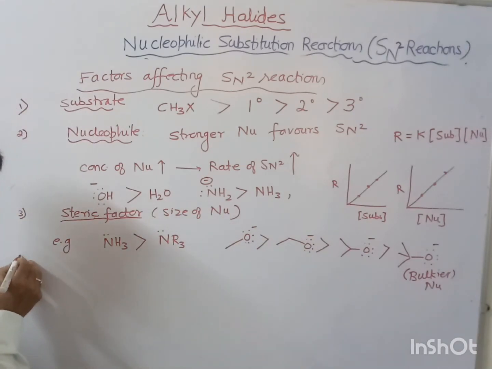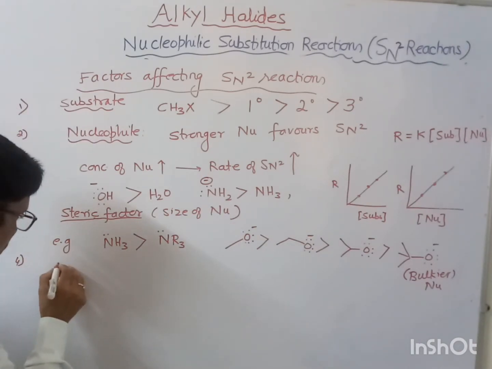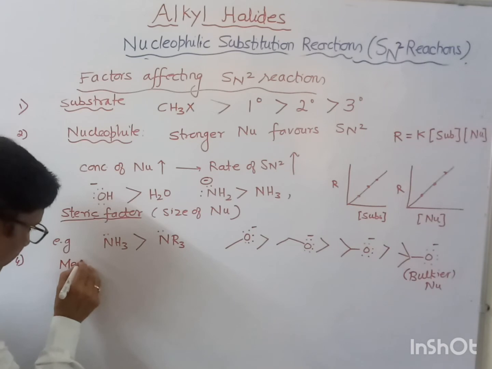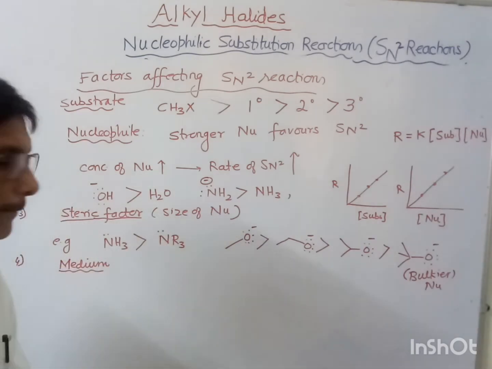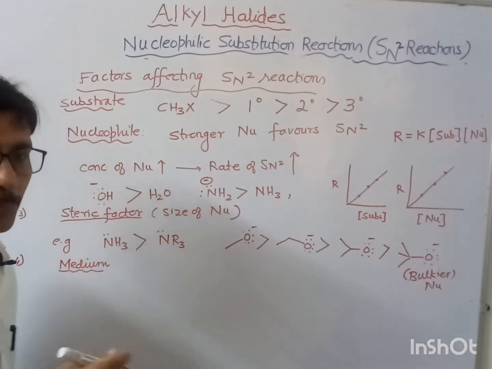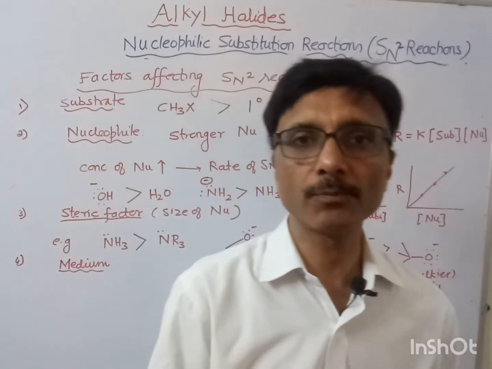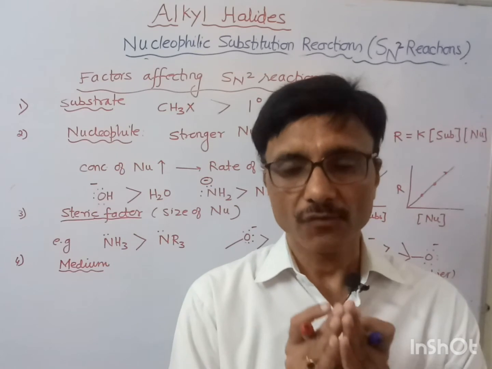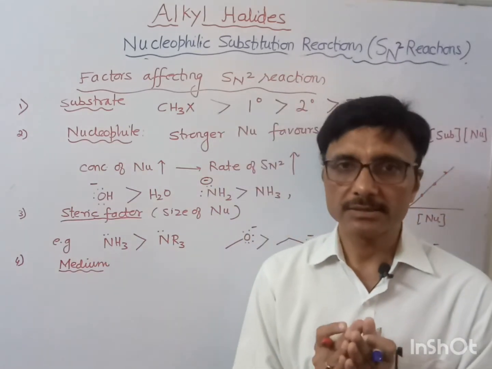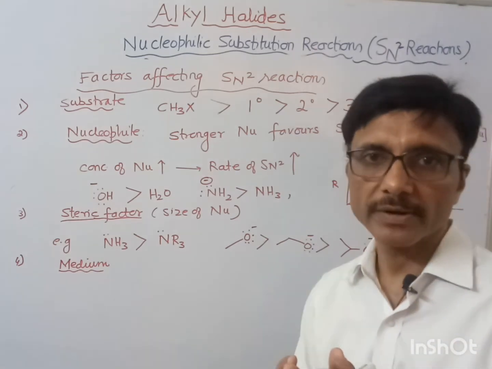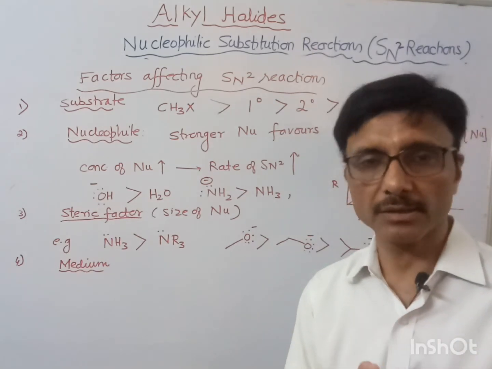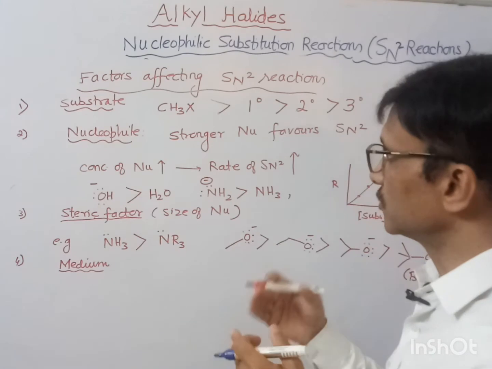And the next one is what I told you, the medium. What kind of medium should that be? If we see the medium, whether polar protic solvent or polar aprotic solvent, one thing is clear: the SN2 reaction takes place in the presence of a polar solvent, not a non-polar solvent.